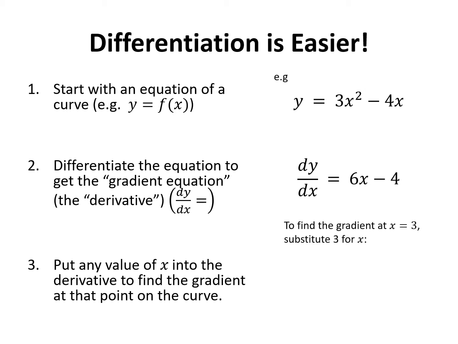So for example, if we wanted to find the gradient when x equals 3, we could put 3 into the dy by dx equation, and that gives us 6 times 3 minus 4, which gives us 14. So if you have a graph of y equals 3x squared minus 4x, we can find the gradient at any point on that graph, because we found the gradient equation and then put a number in for x.